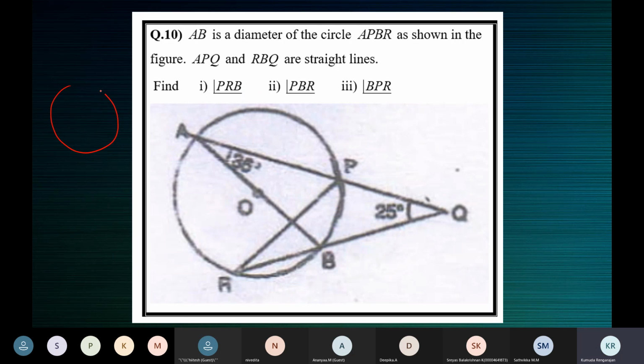Circle, diameter. There are two semicircles here, one above the diameter, one below. Take a point on the semicircle. Join the ends of the diameter to that point.